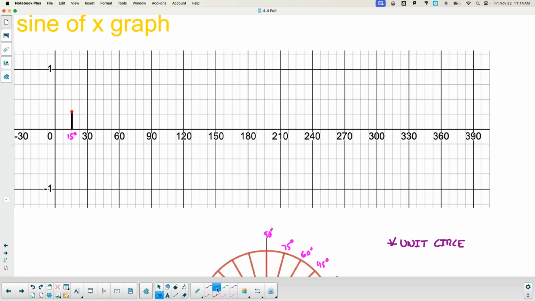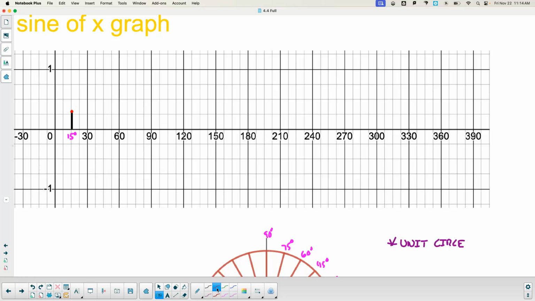Okay? Now you're going to go all the way around your circle. What happens when you get to quadrant number 3? Just upside down. So where are you going to measure it on your graph? You're going to go into the negatives because it's negative values. Okay?